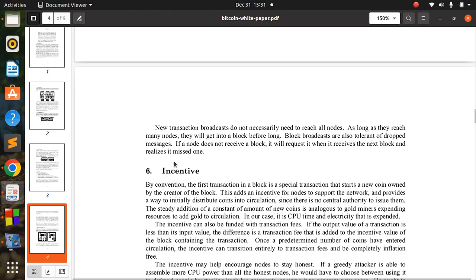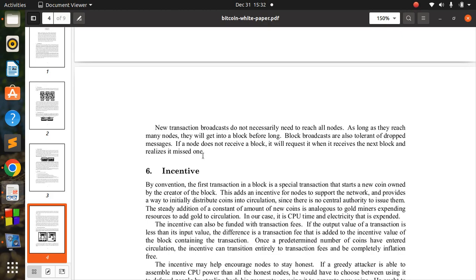As long as they reach many nodes, they will get into a block before long. Block broadcasts are also tolerant of dropping messages. If a node does not receive a block, it will request it when it receives the next block and realizes it missed one. Remember that. It's just like I'm talking about updating the distributed ledger.